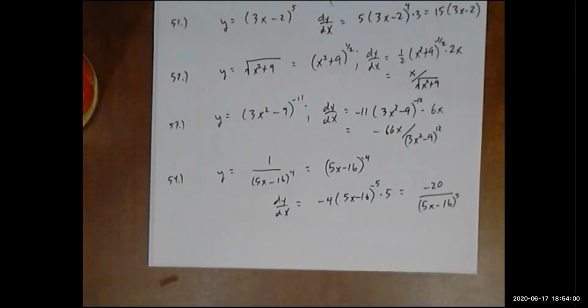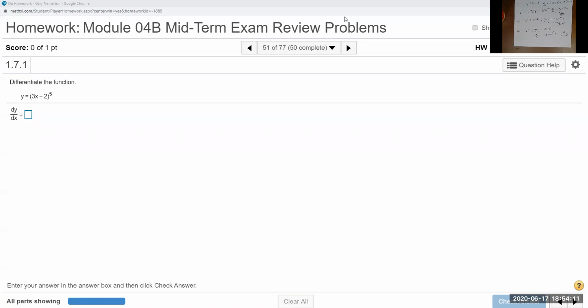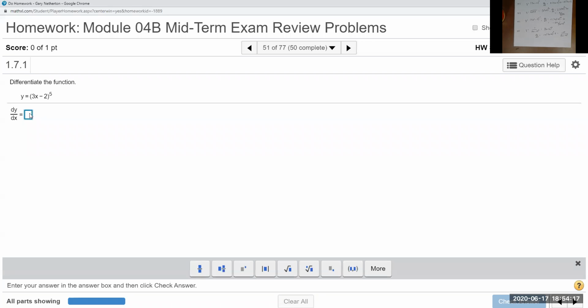So I'm going to go back and enter these answers and see if we are correct. So this first one was 15 times 3x minus 2 raised to the 4th power.